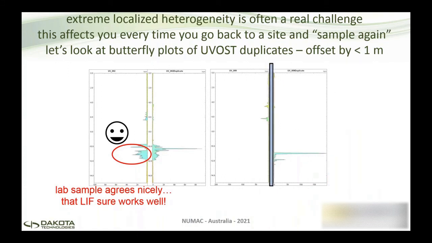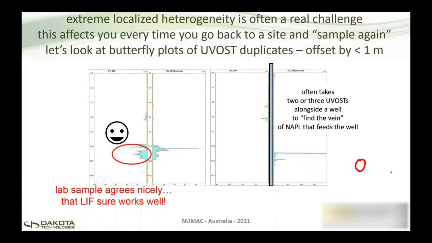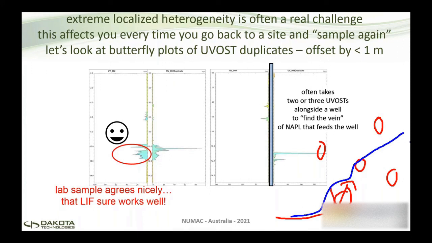Right? Okay. Now, oftentimes let's say we've got a well with product in it, and they say, come out and push next to that well. There are a lot of times when we've had to push here, nothing, we pushed here, nothing, and not until we got on the fourth side of the well did we get a hit, because we found the one little vein of NAPL that intersected the well, or whatever was the cause for it.